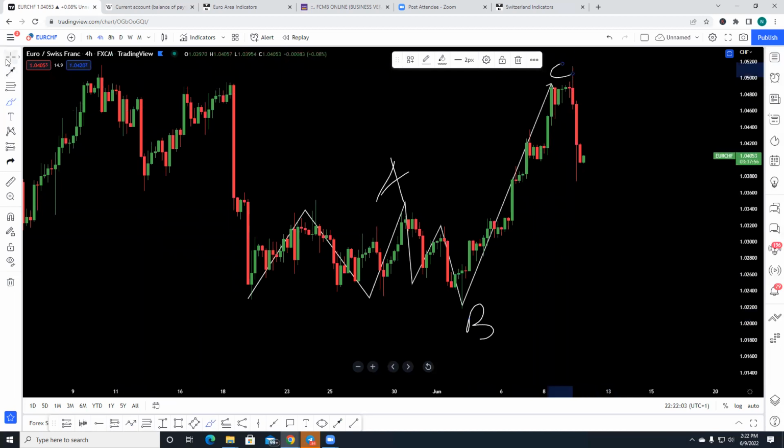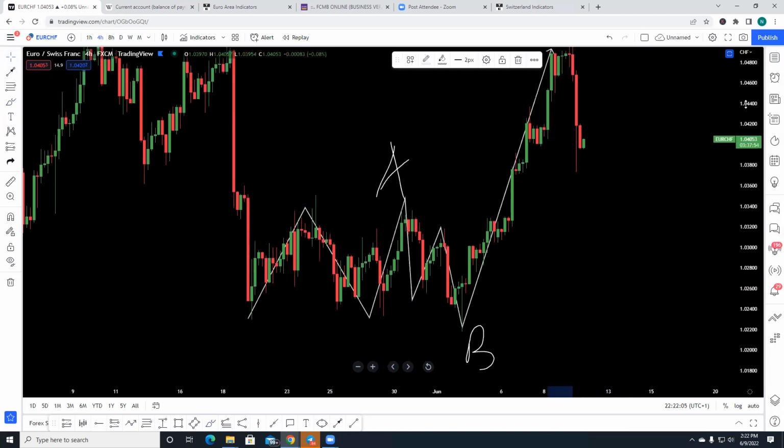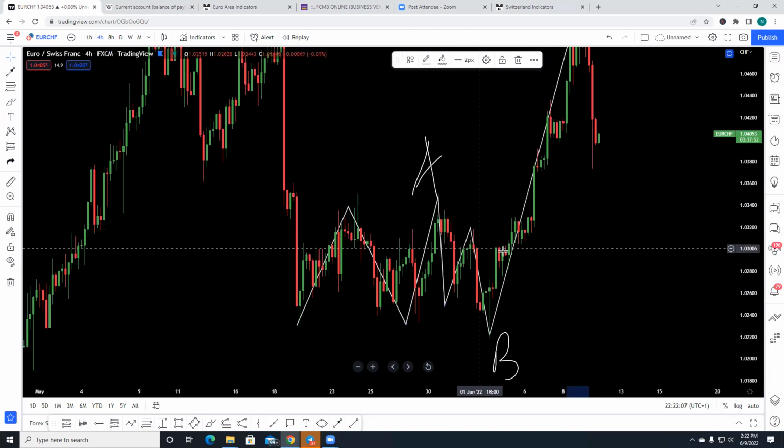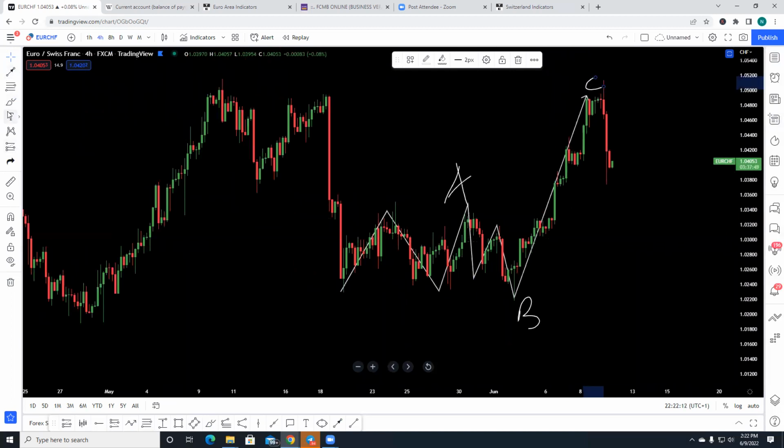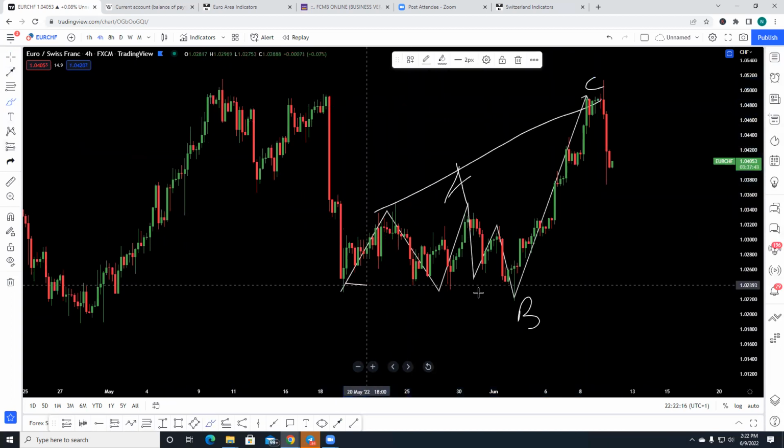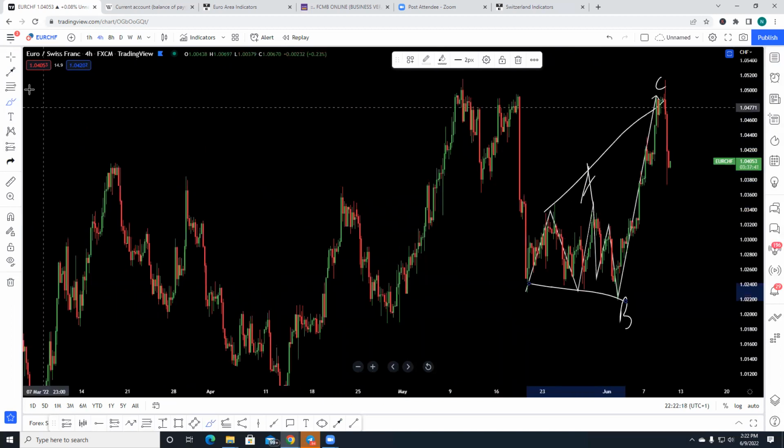When you have 335, that is a flat corrective structure. This is an expanding flat. It's an expanding flat corrective structure.